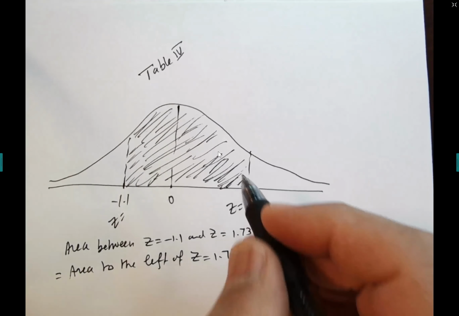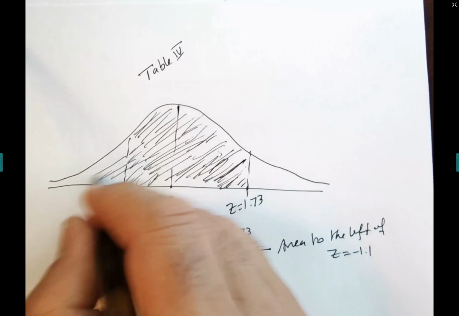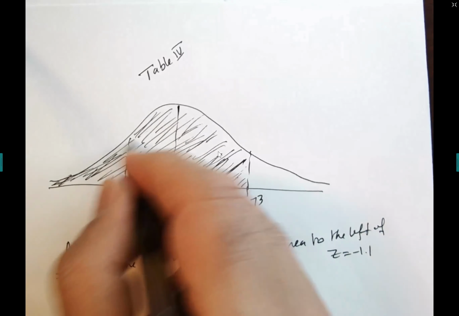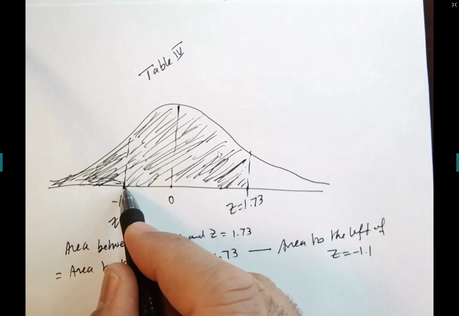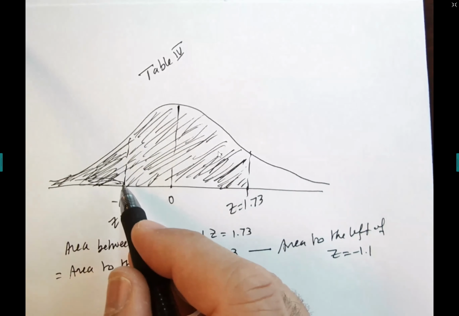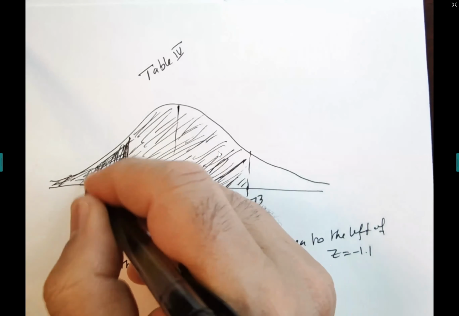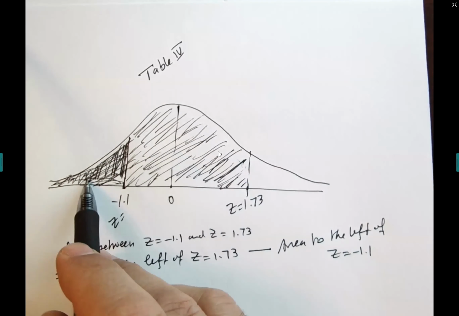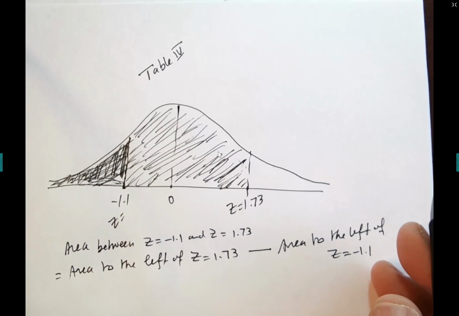This is area to the left of z equal 1.73. It will be this. That's not what I want. I want only up to here. An area to the left of negative 1.1, guys, it will be that. So if I do the big area minus this small area, I get what I want. So always the area in between is the big area to the left minus the other area to the left, and then you get the answer.